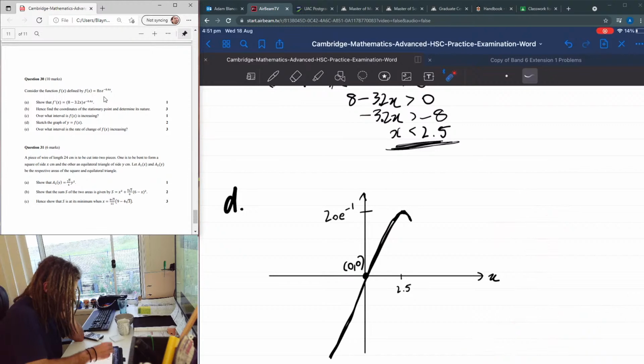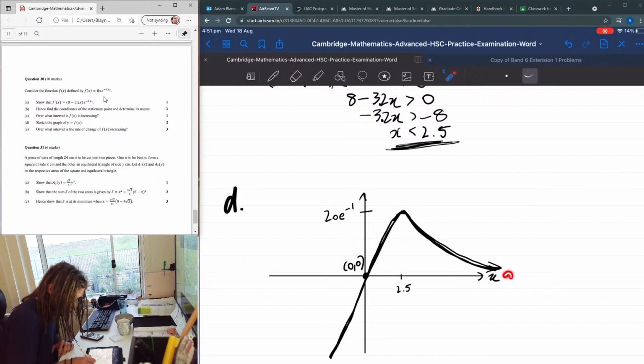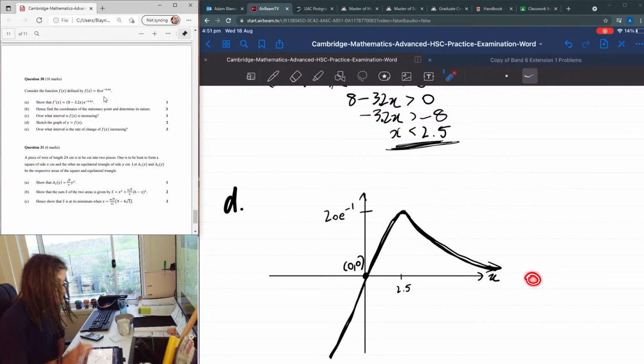So I'm going to approach 0. It's going to go like this, approach 0. You can verify it by putting like 999 into the original equation, and I bet it comes up to 0 or something really close to 0.